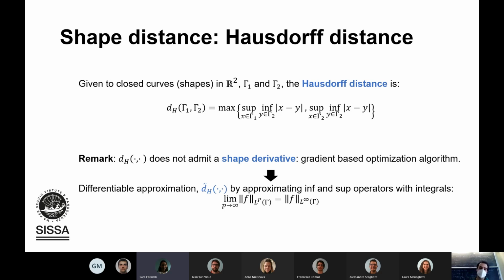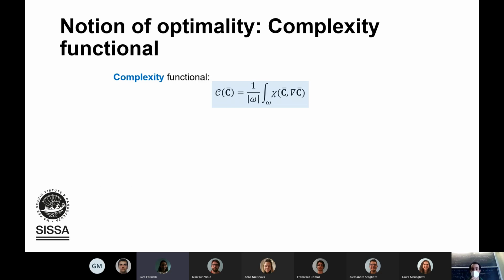The third and last ingredient is the notion of optimality. We have to define what we call the complexity function, the calligraphic C, which is an integral of a density which depends on the target metric and its gradient.